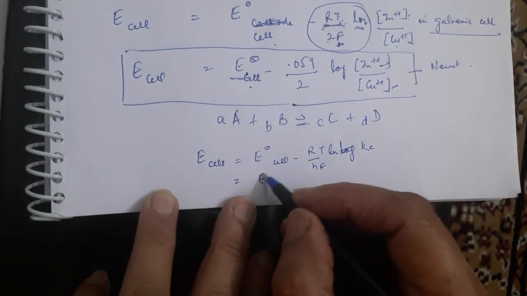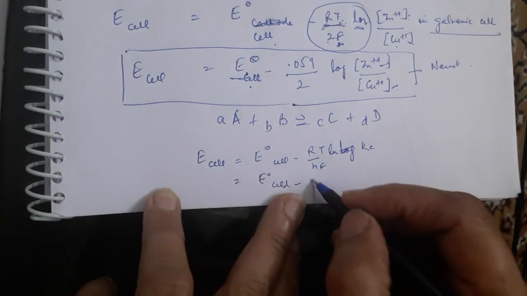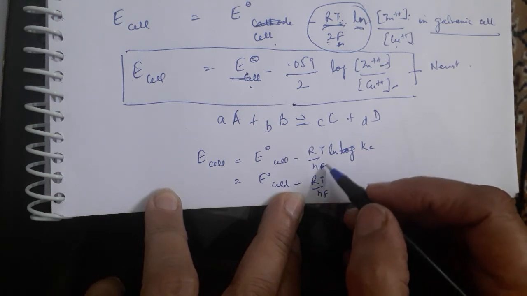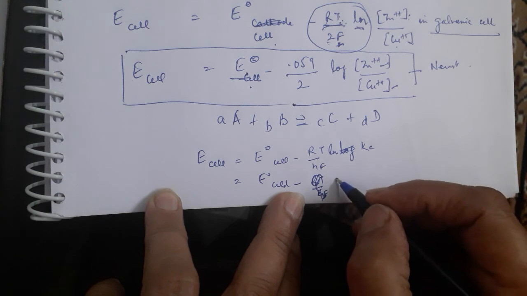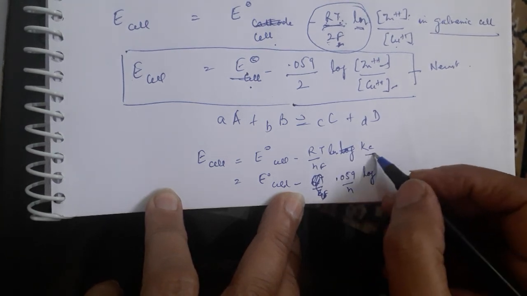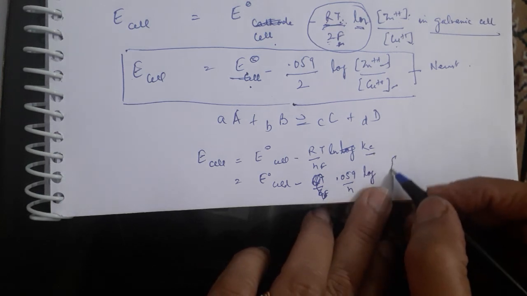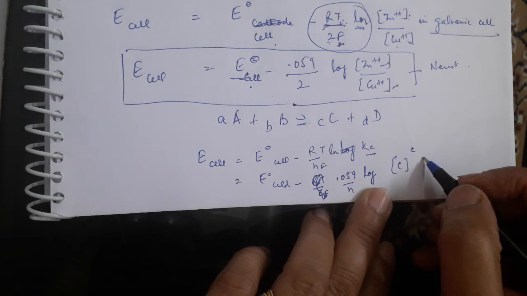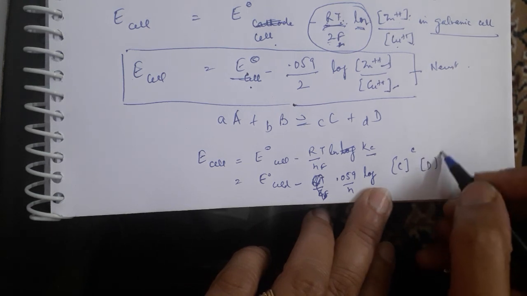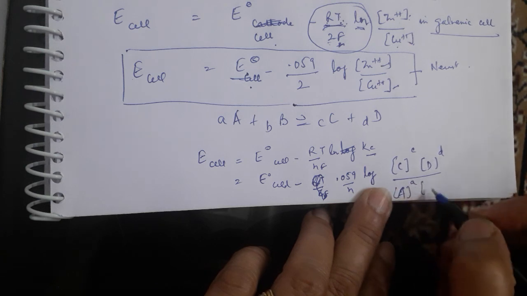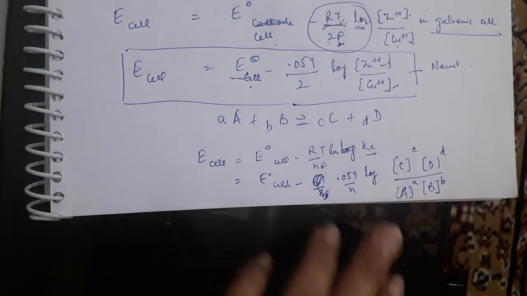It will be E0 cell minus RT upon nF, or if we are bringing it to log with the base 10, 0.059 upon n log Kc. What will be the Kc? Kc will be equal to C raised to the power c, D raised to the power d, upon A raised to the power a, B raised to the power b.